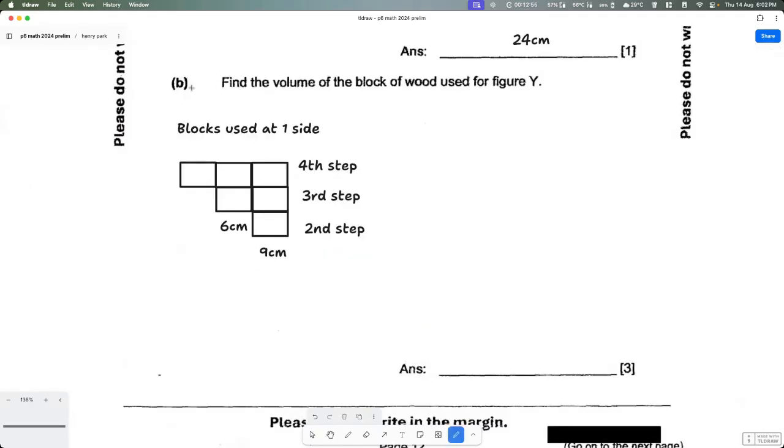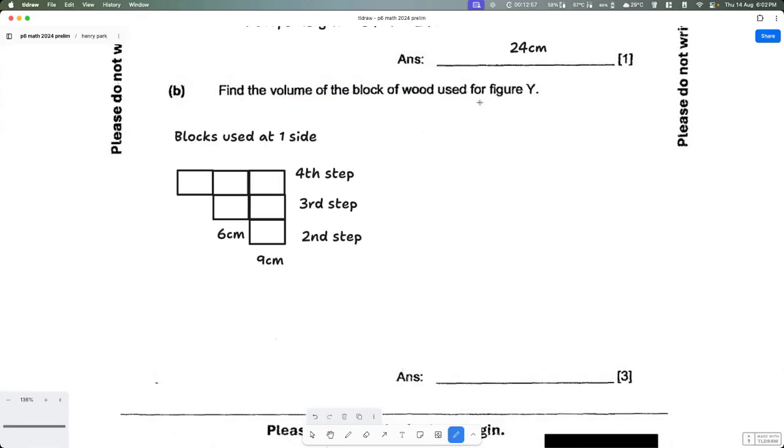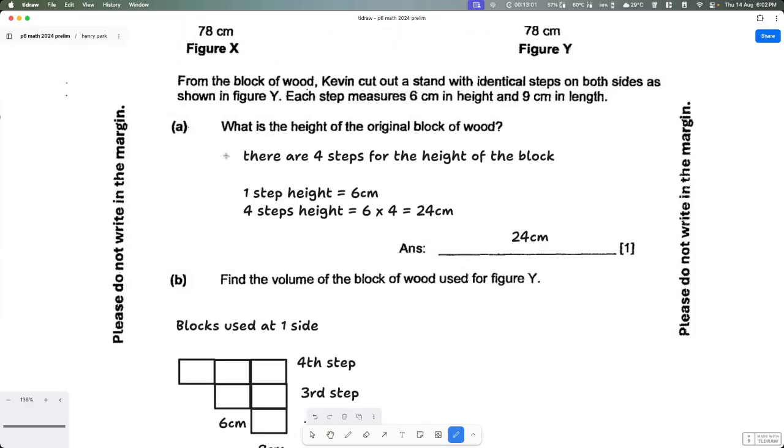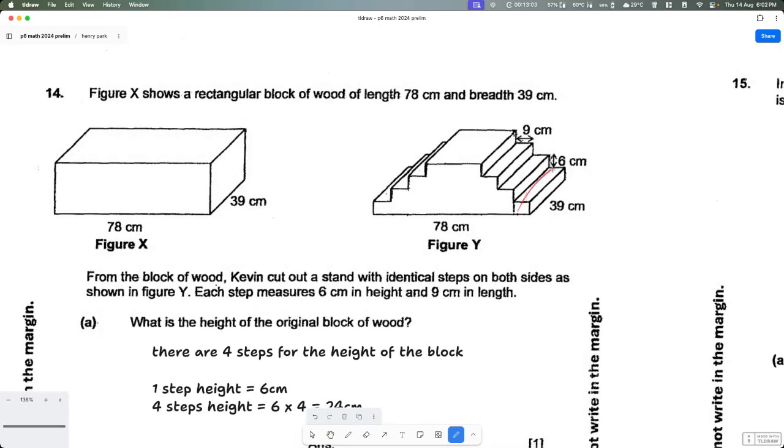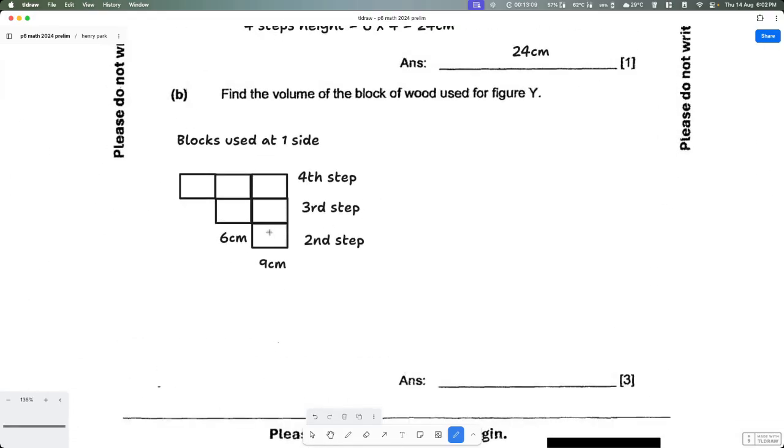Alright, so part B over here, find the volume of block of wood used for figure Y. So blocks used at one side over here. You see that the first one is okay, but for the second step over here, you use one, then the third step and fourth step. So from here, I just draw it out as what you see. Actually no need to have this, but yeah, second, third, fourth step.